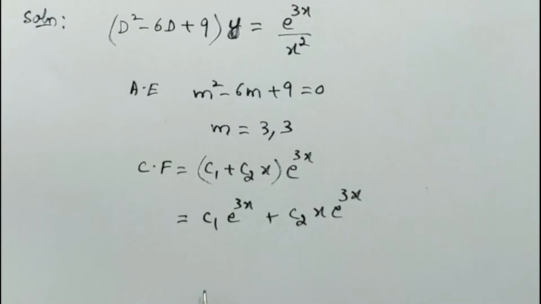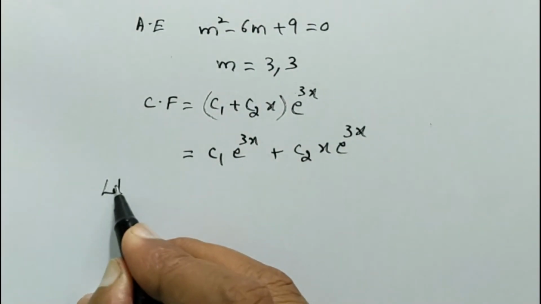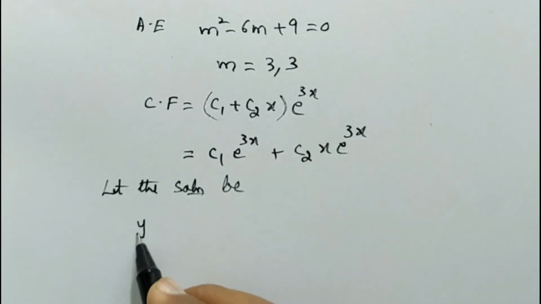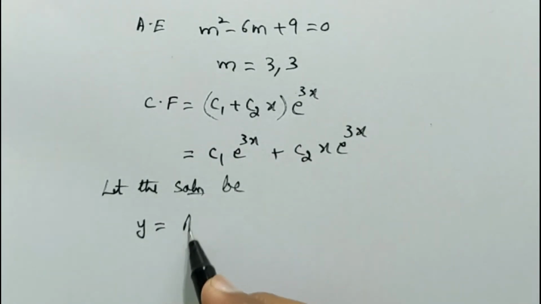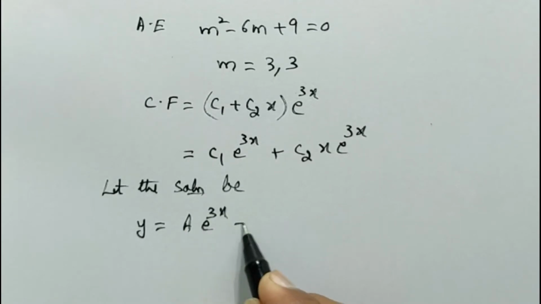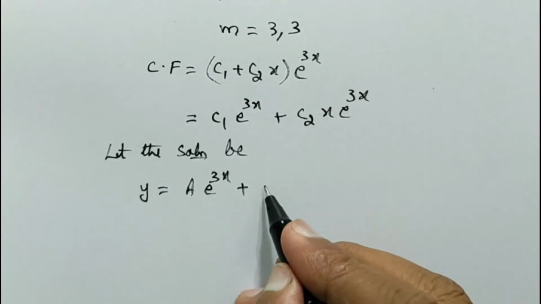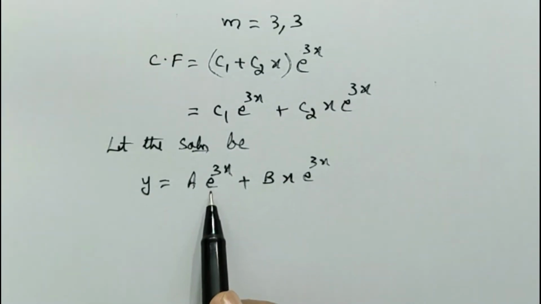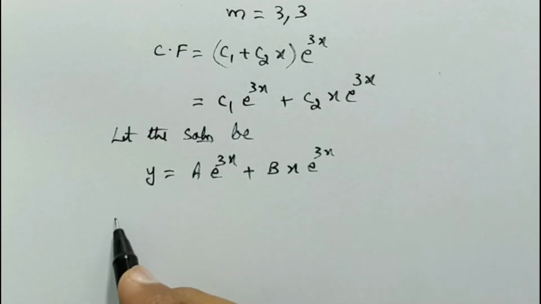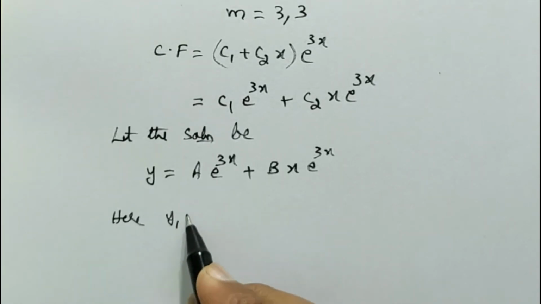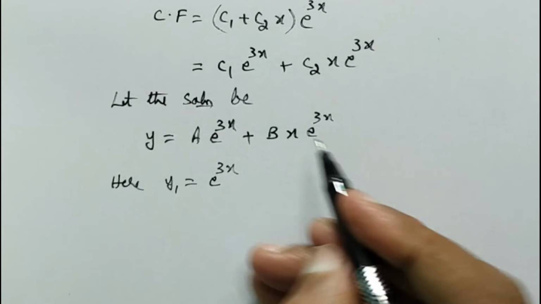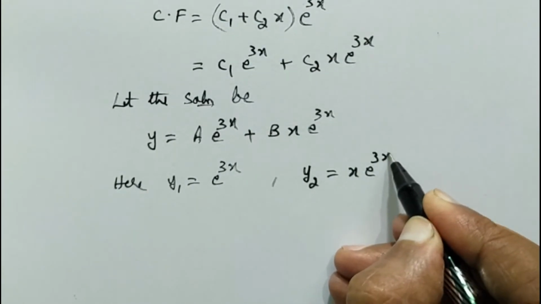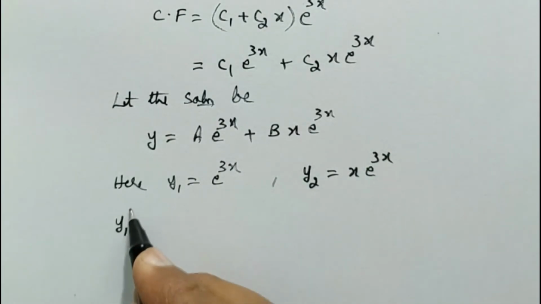So now let the solution be y equals a e power of 3x plus b x e power of 3x, where c1 is replaced by a and c2 is replaced by b. This will be your y1, and this will be your y2. So y1 is e power of 3x, and y2 is x e power of 3x. Let us differentiate y1 dash.